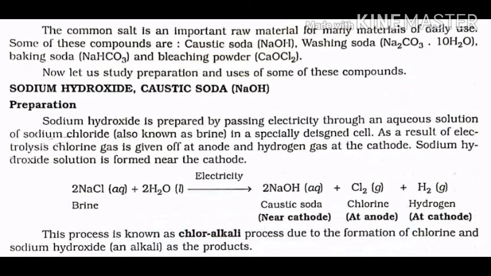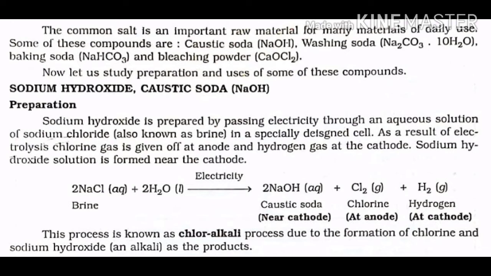Sodium hydroxide, NaOH. Preparation. Sodium hydroxide is prepared by passing electricity through an aqueous solution of sodium chloride, also known as brine. As a result of electrolysis, chlorine gas is given off at the anode and hydrogen gas is obtained at the cathode.